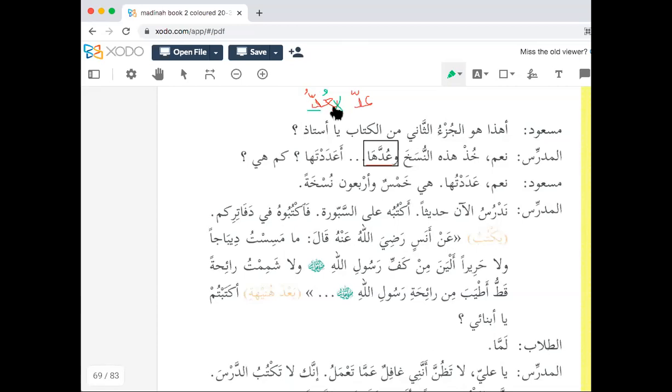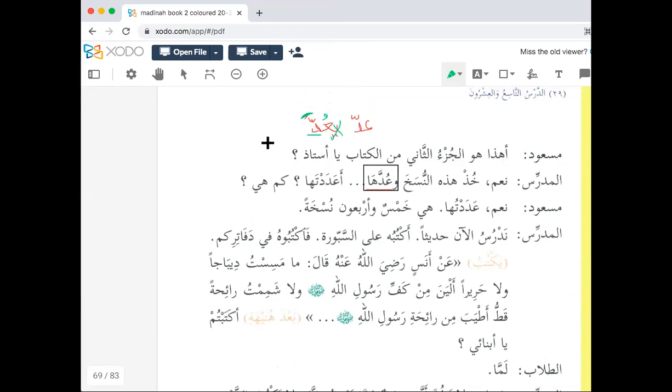You can't keep it as a dhamma because that's the sign of marfu'. You can't make it a kasra because the fi'l doesn't accept the kasra. The only thing you have left is a fatha. So therefore, al-fi'l al-mudha'af, when you have al-fi'l al-amr, the alamatul jazmi, the sign of it being majzoom, is with a fatha. So he said, udda, uddaha, this is a command, count them.